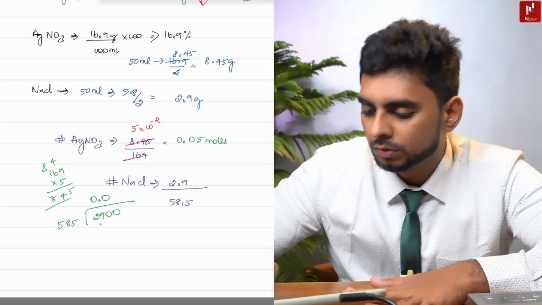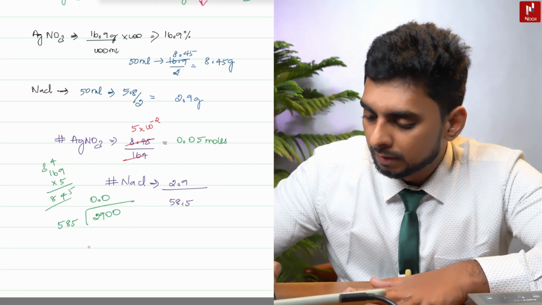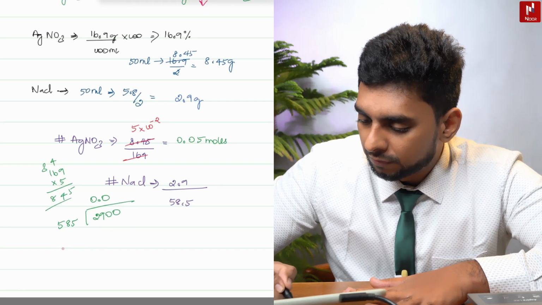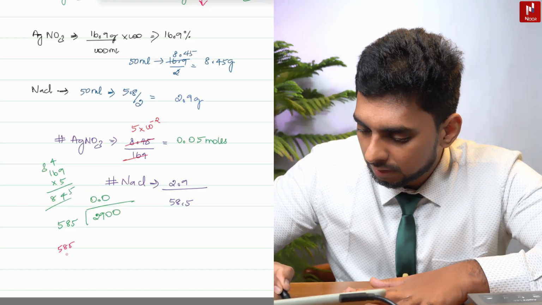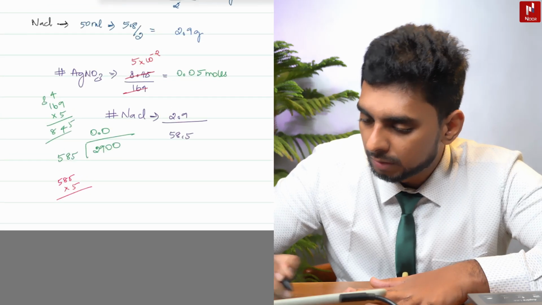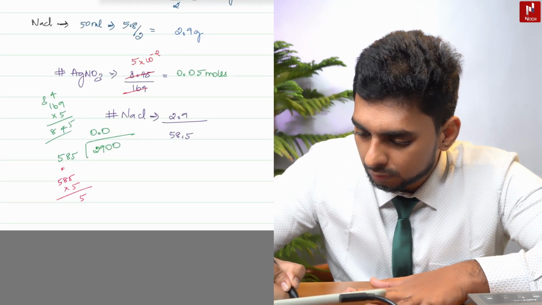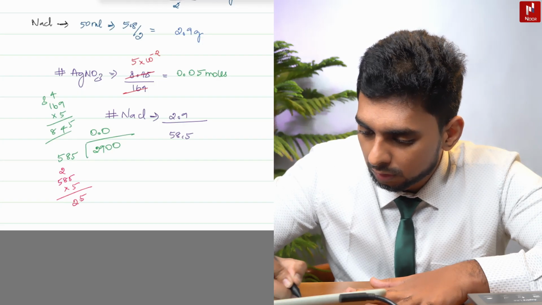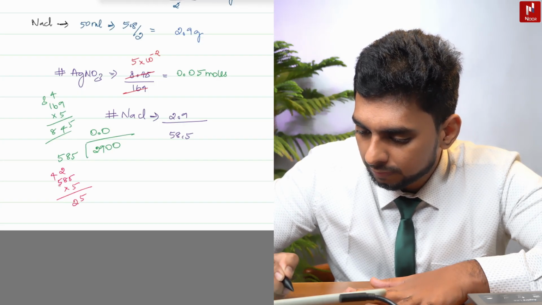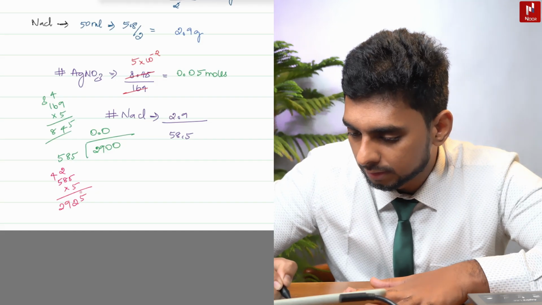Then I'll add one more 0, so you'll have 2900. Let me multiply the same way, 585 into 5. Let me figure out what I will get. If I multiply this, you have got 2925, isn't it?